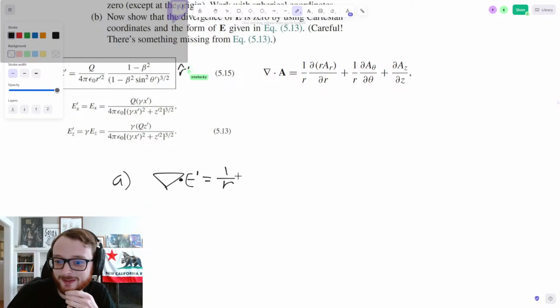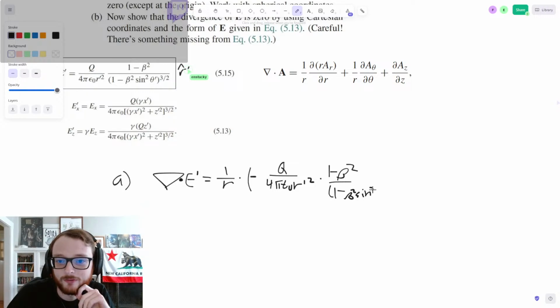So the first part of this formula, we have 1 over R times, and we have to do the partial after multiplying in an R. Can I do this with mental math to avoid too much writing? It's basically the same thing, but we have just an R to the power of 1, and we're taking the derivative, so we have a minus sign in front. 4 pi epsilon naught, and then go back to r prime squared. 1 minus beta squared, sine squared beta prime, squared like that.